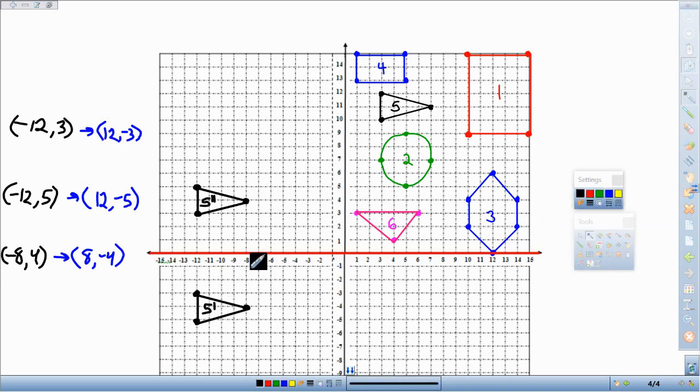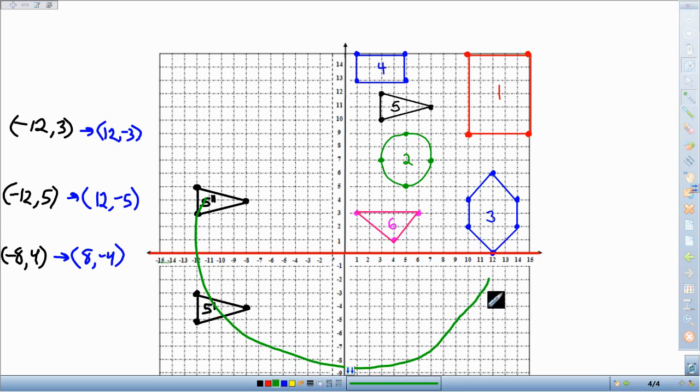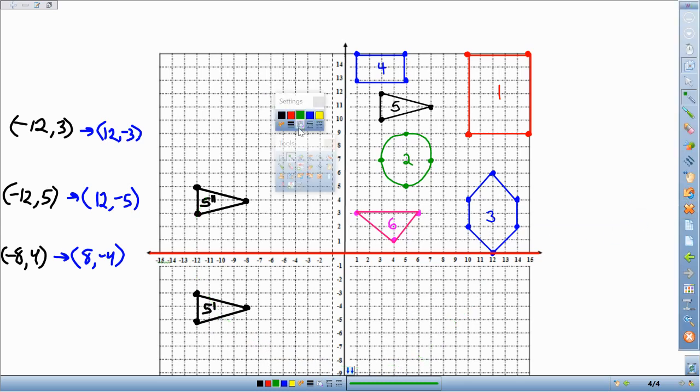By the way, if this thing's rotating 180 degrees counterclockwise, I should expect this shape to go all the way around and probably end up somewhere over here. Just keeping that in mind as we plot these points. Let's see what happens. So 12, -3 means we go to +12 on the x, down to -3 on the y. 12, -5 means we go to +12, -5.